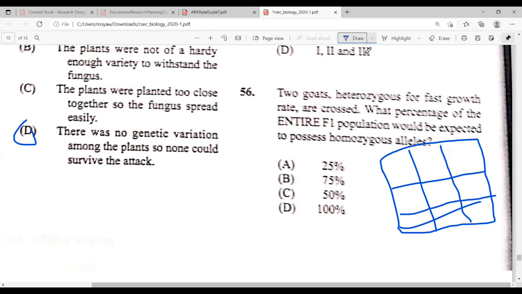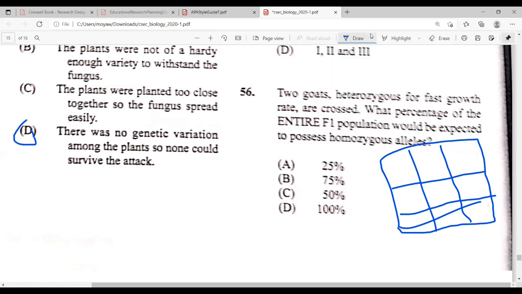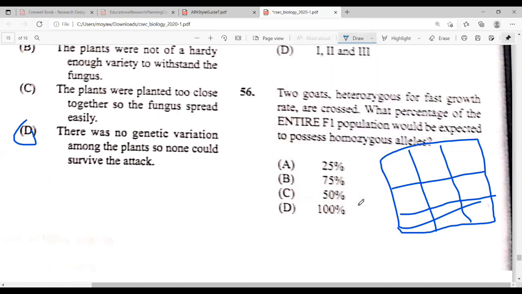So now they're telling us that the goats are heterozygous. So guess what? We can use the same heterozygous allele that we were using from before, the same capital A, small a scenario for both of them. So capital A, small a. Same thing, capital A, small a. And then we'll just cross.